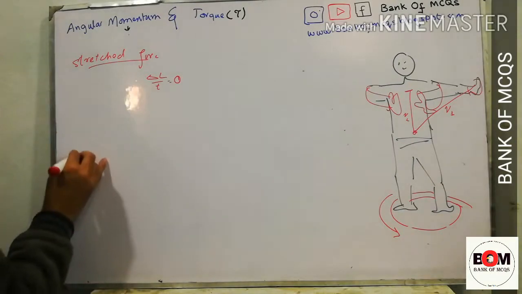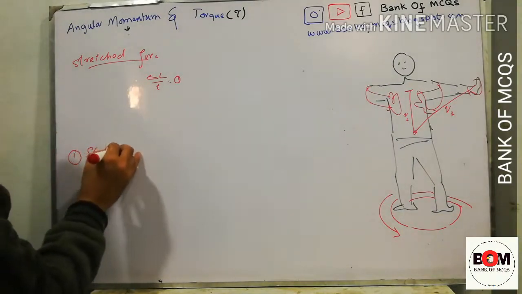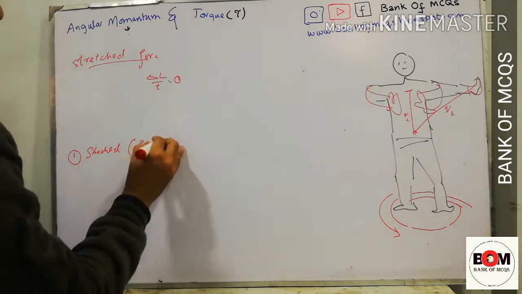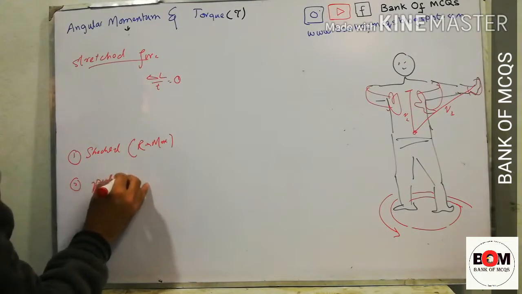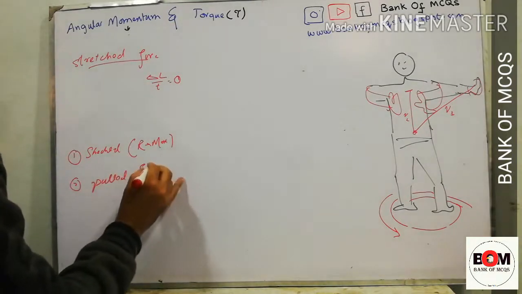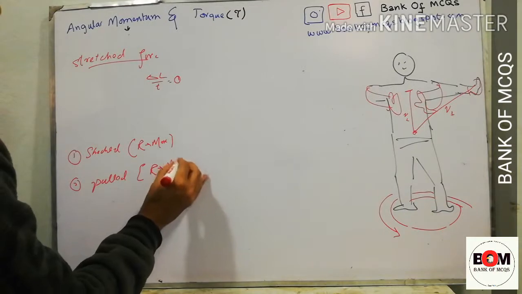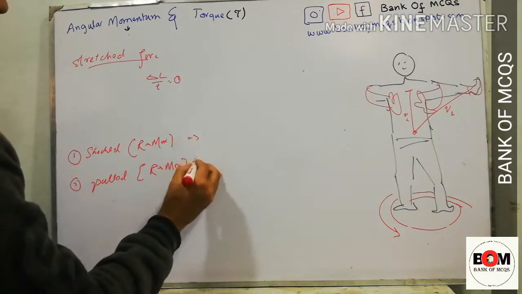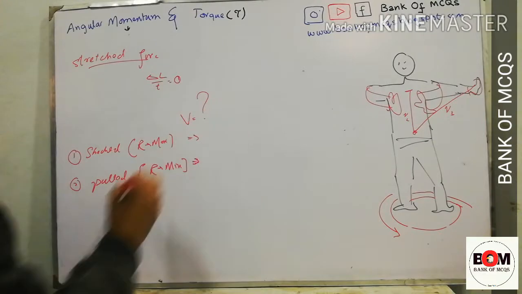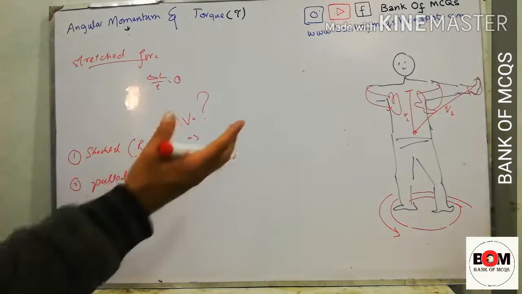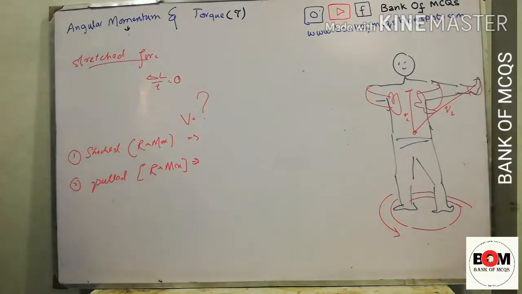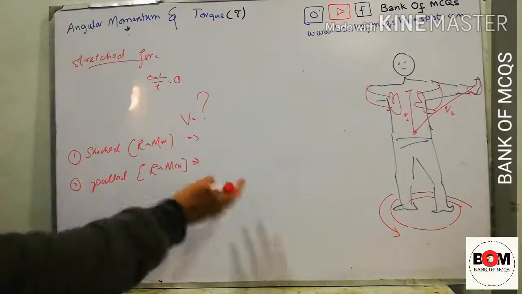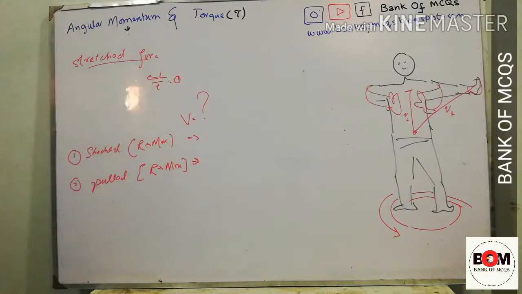So in the first stretched pose the radius is more, and in the second pose we pull his hands in and the radius becomes minimum. So what happens to the velocity? If he pulls his hands toward his chest, his velocity will increase. That shows us delta L by t, the law of conservation of momentum.